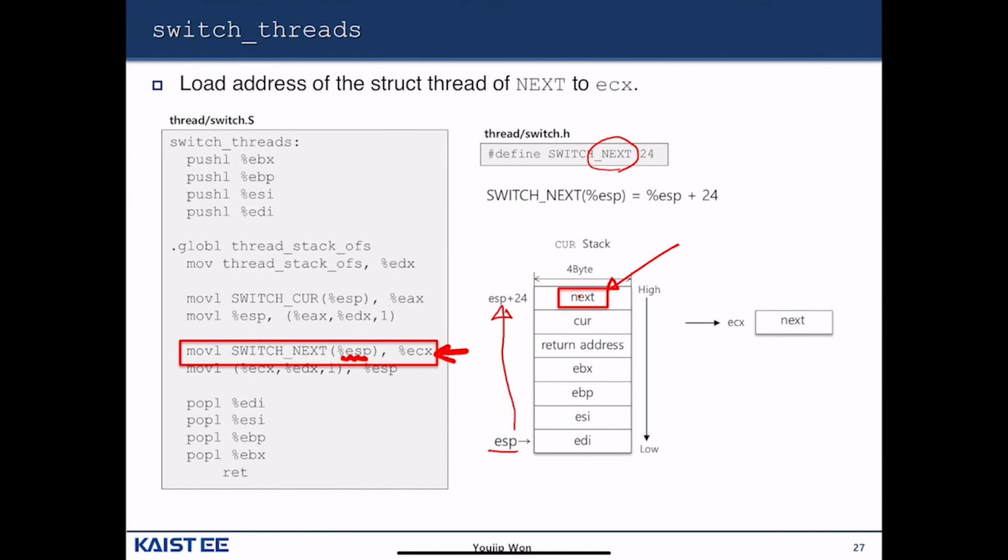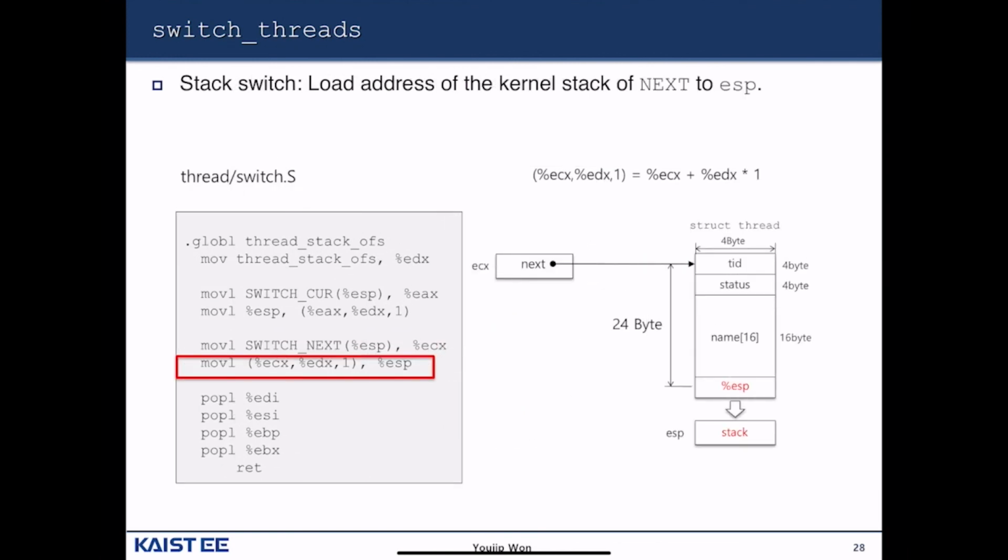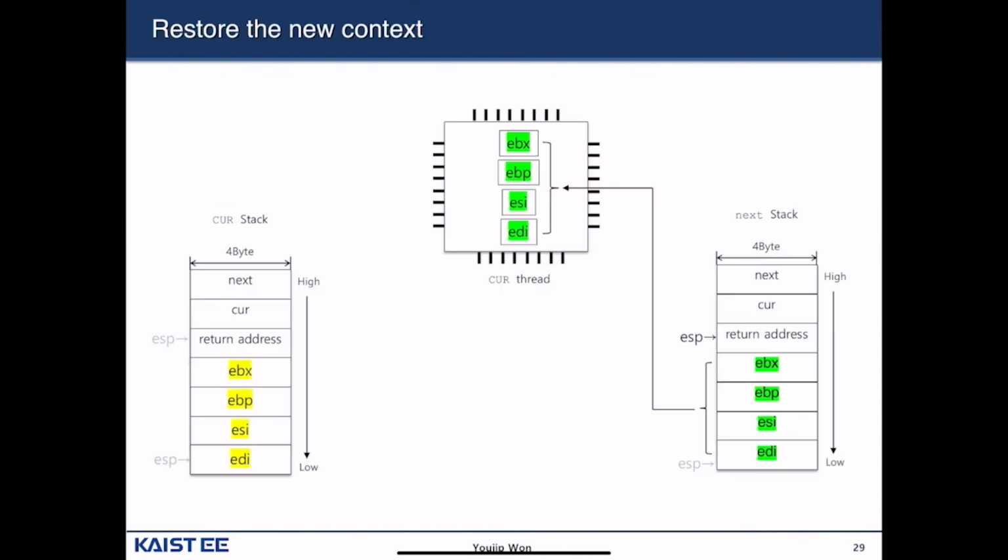After loading the location of the next thread structure to ECX, it adds the offset of the stack field to this base location, and then it saves the address value located at that address to ESP. Then ESP points to the new stack top, which is the stack top of the next thread.